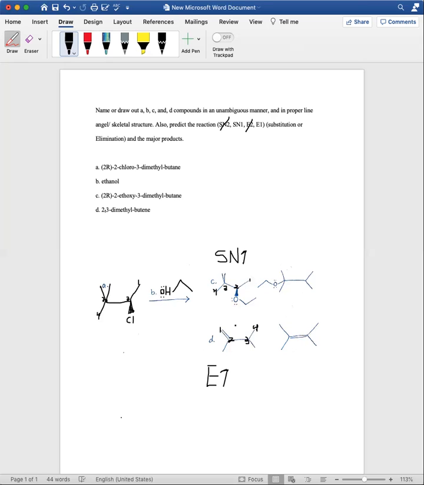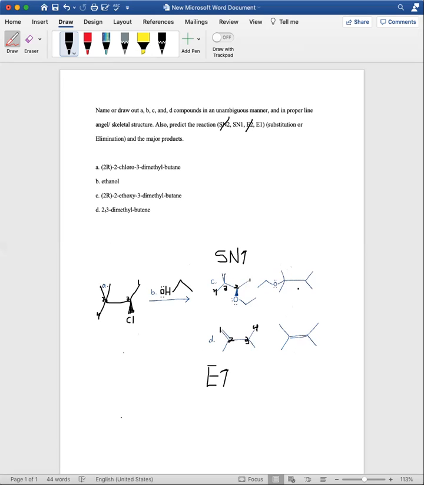So for SN1, we can figure out the major product by looking at the nucleophile, which is here. So this is our nucleophile, this is the leaving group. So the leaving group leaves and the nucleophile just goes here.